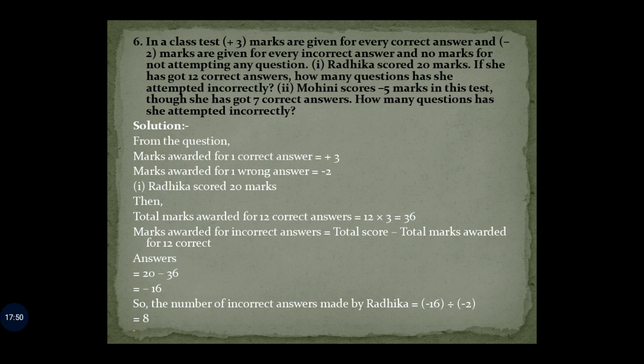Marks awarded for incorrect answers is equal to total score minus total marks awarded for 12 correct answers. That is 20 minus 36. Answer is minus 16. The number of incorrect answers made by Radhika is minus 16 divided by minus 2, because minus 2 are the marks which are awarded for 1 wrong answer. So minus 16 divided by minus 2 gives you 8.